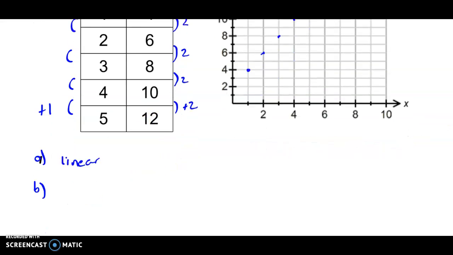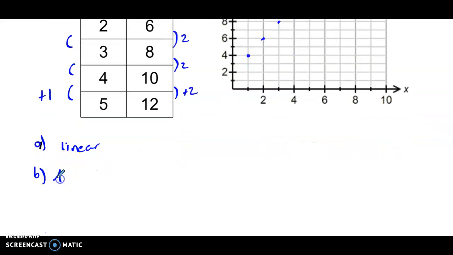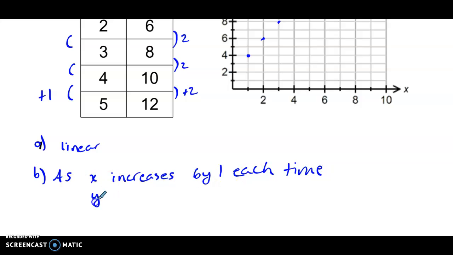So when we describe it, we would write the sentence as x increases by 1 each time, y increases by 2 each time. It's the each time that's important.